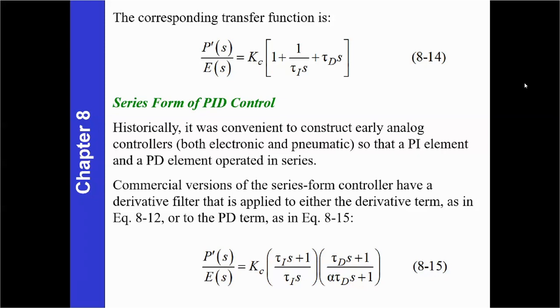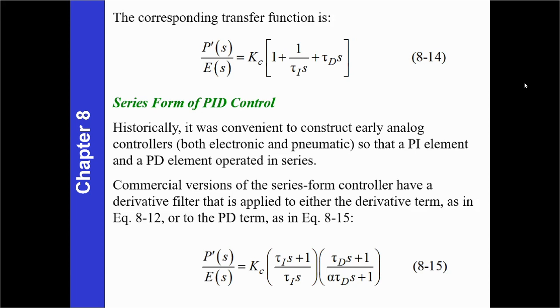But if you go for the controller in series, the series form of PID control, historically it was convenient to construct early analog controllers, both electronic and pneumatic, so that a proportional integral element and a proportional derivative element operated in series. So instead of parallel, now we have it in series.